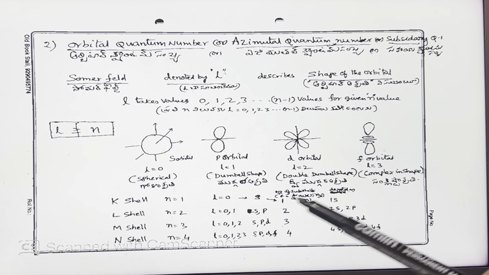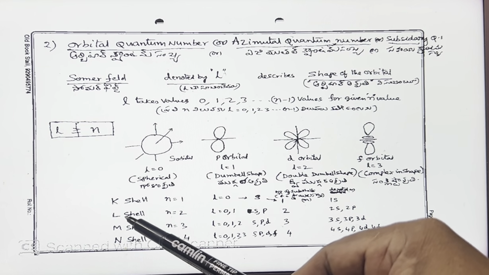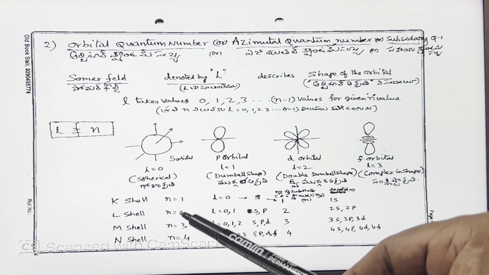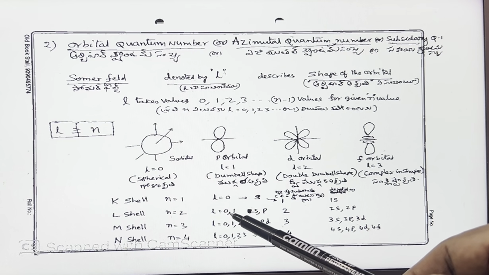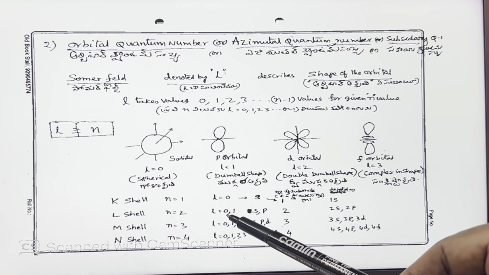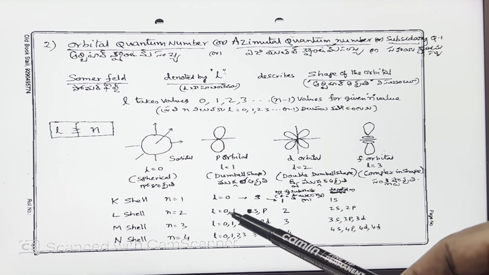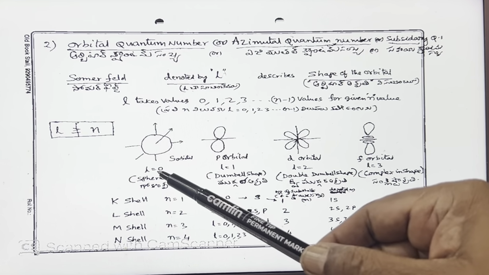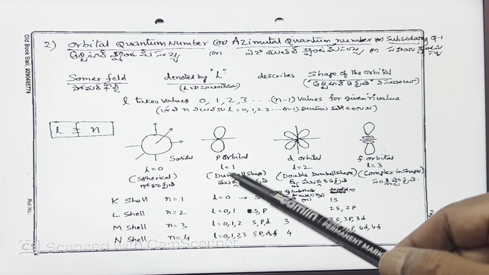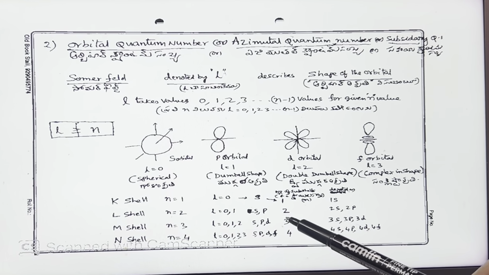For example, take the L shell, where n value is 2. L is equal to 0, 1, because it starts with 0 up to n minus 1, that is 2 minus 1, which is 1. If the L value is 0, that is the s orbital. If the L value is 1, that is the p orbital.